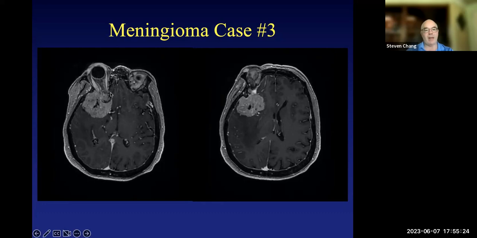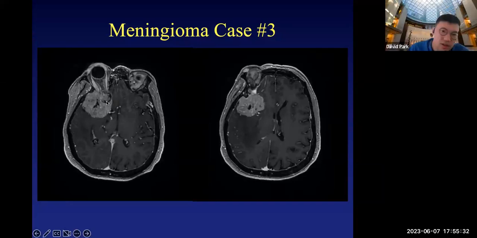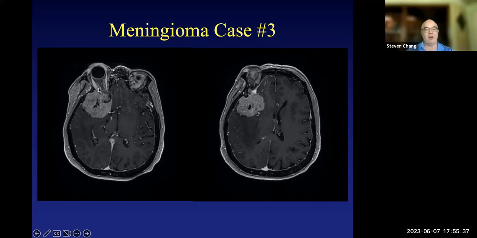What is this black curve here? Is that the ICA? It's part of the orbital apex, the bones of the orbit. So what can meningiomas do to adjacent bone?